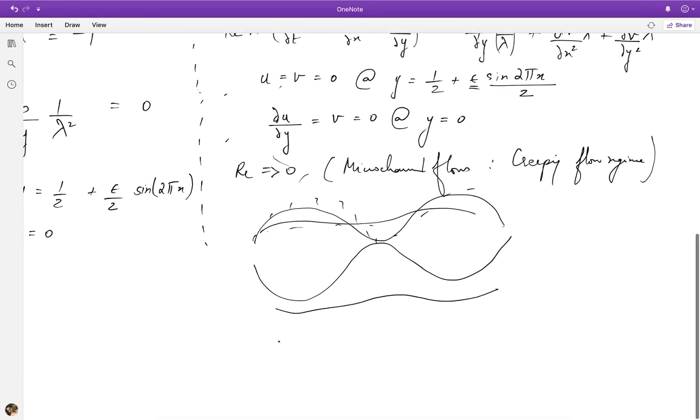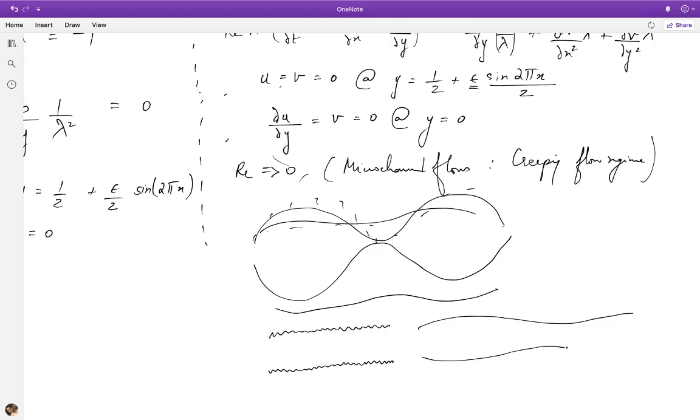But if lambda is very large, then you could be looking at something like a sinusoidal variation, which I can't draw very well here, but something very choppy, which comes closer to mimicking roughness, right? Or we could be looking at something very lazy, which may be more like what you would see in a structured microchannel or an engineered surface.